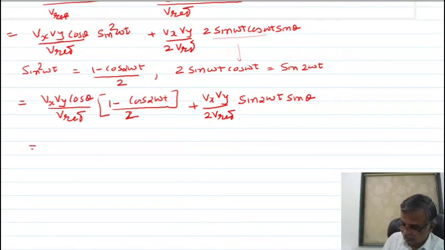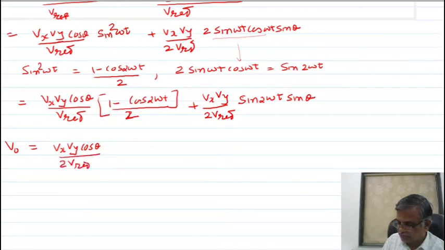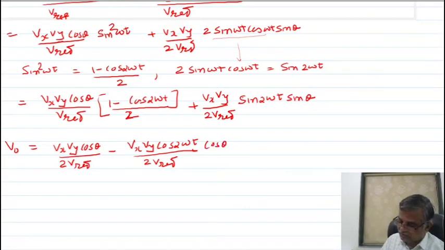So if you sort out your output equation, then you will get Vx Vy cos theta upon 2V reference minus Vx Vy cos 2 omega t upon 2V reference, cos theta, plus Vx Vy upon 2V reference into sin 2 omega t sin theta.